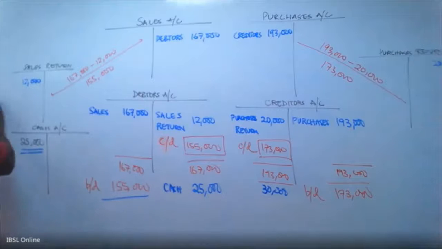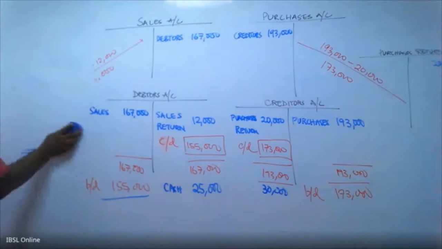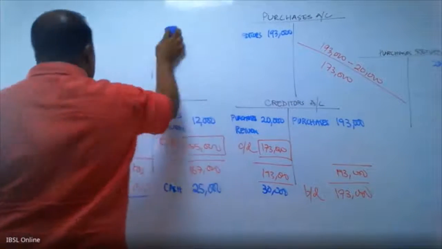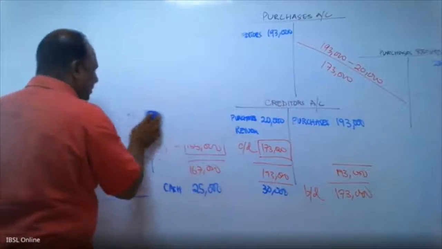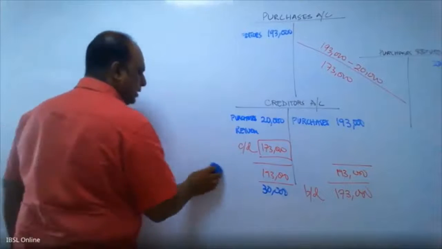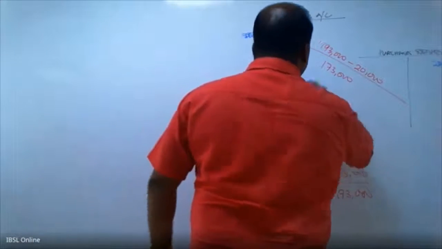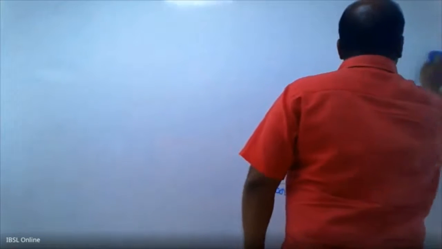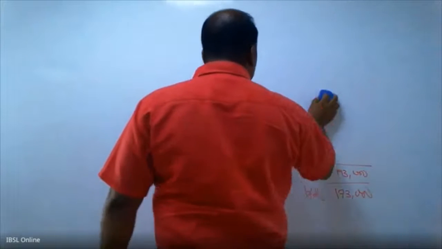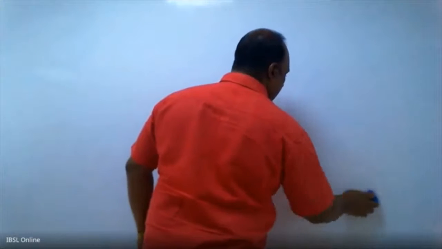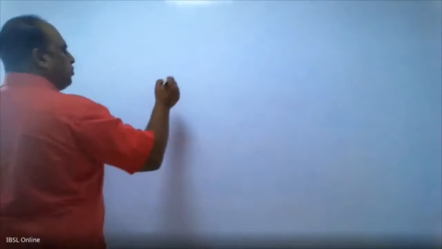So what basically happens is, when you are using cash in your business, there are only two possibilities. Cash can come into the business and cash can go out of the business. When the cash comes in, we normally call it cash inflow. When the cash goes out, that is known as cash outflow. Right. Now we have the cash book.